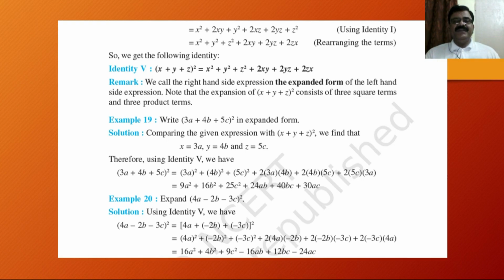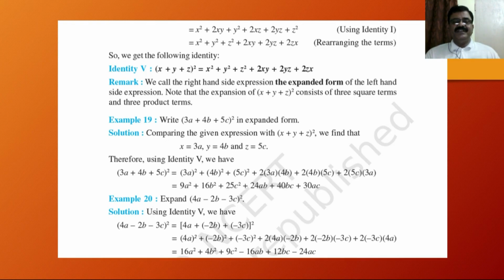Therefore, using the identity, 3a plus 4b plus 5c the whole square is (3a) the whole square plus (4b) the whole square plus (5c) the whole square plus 2 into 3a into 4b plus 2 into 4b into 5c plus 2 into 5c into 3a. We can obtain 9a square plus 16b square plus 25c square plus 24ab plus 40bc plus 30ac.